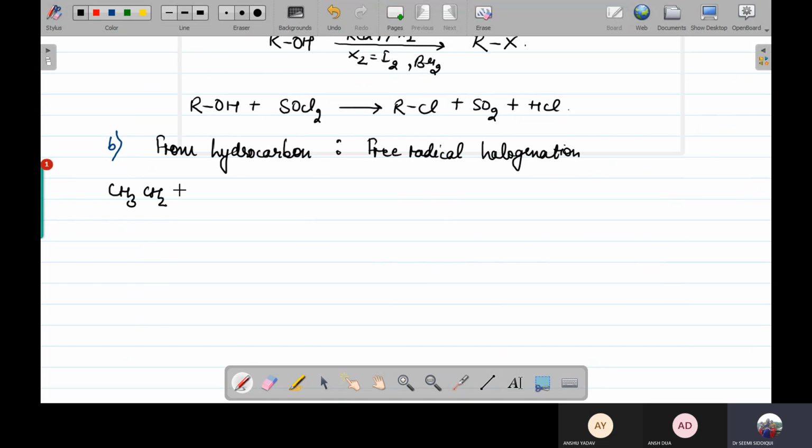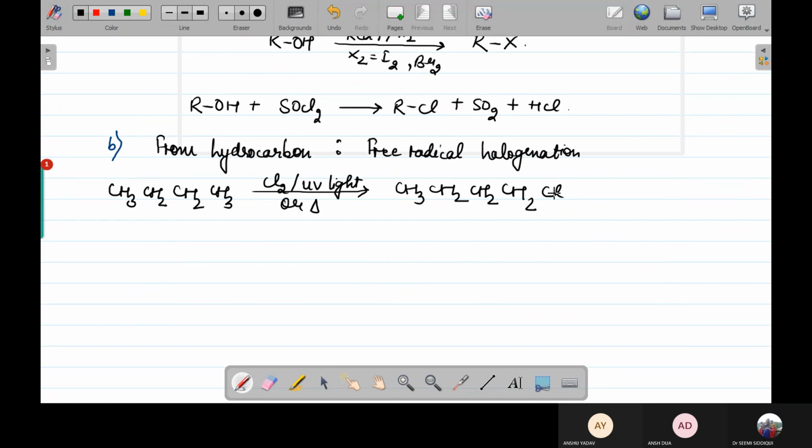CH3, CH2, CH2, CH3 in the presence of chlorine and UV light. So what are we going to get? Over here we have 4 carbon molecules, so writing down with the four carbons only, one atom of the hydrogen is going to be replaced by Cl.